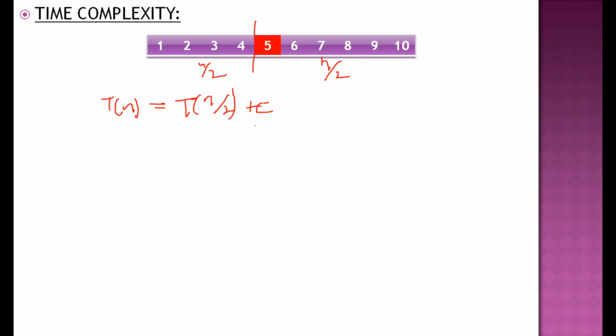For the n by 2 array, the time complexity T of n by 2 equals T of n by 4 plus c. So the time complexity for the left half of the sub array is T of n by 4 plus c.